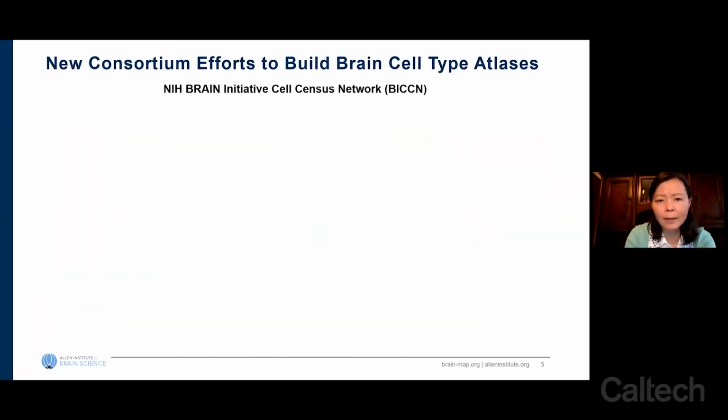Importantly, this large set of efforts, platforms, and pipelines that we have built have now been integrated into the community-wide BRAIN Initiative effort.